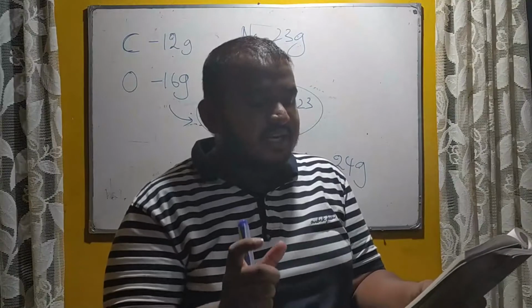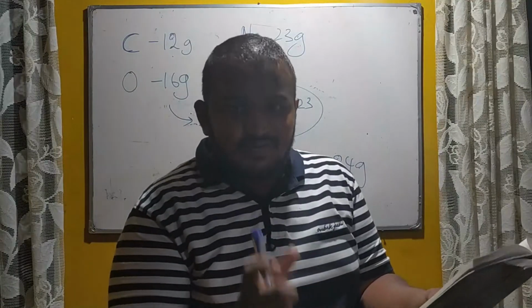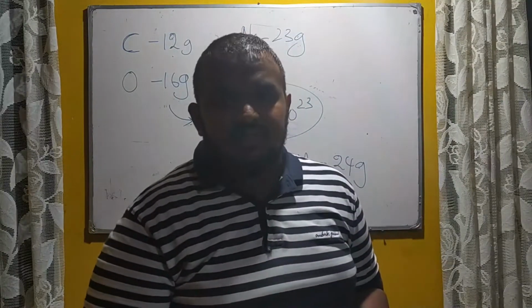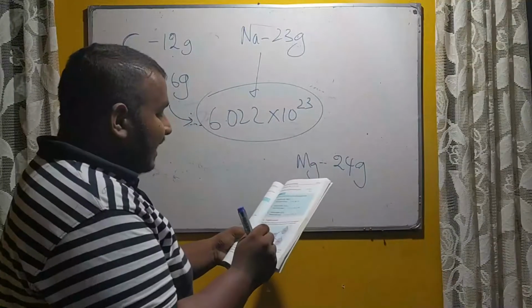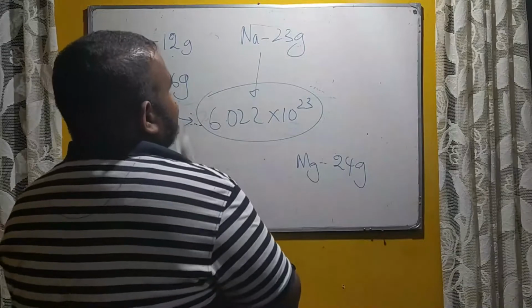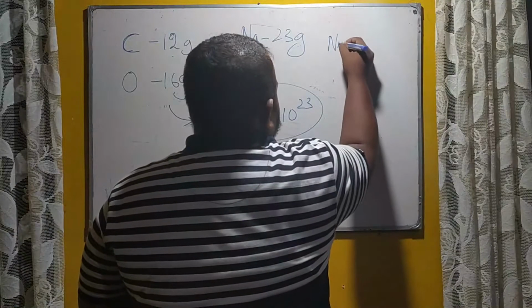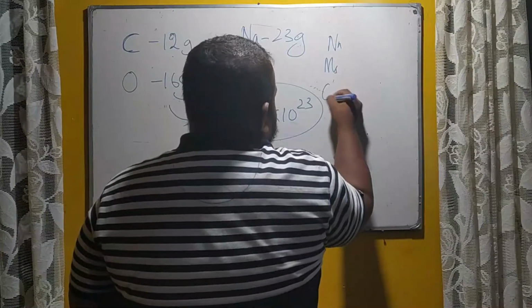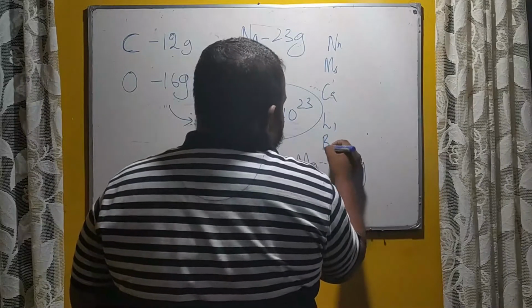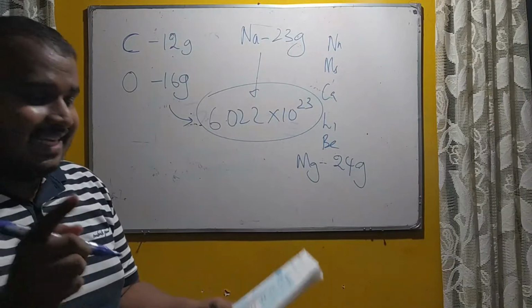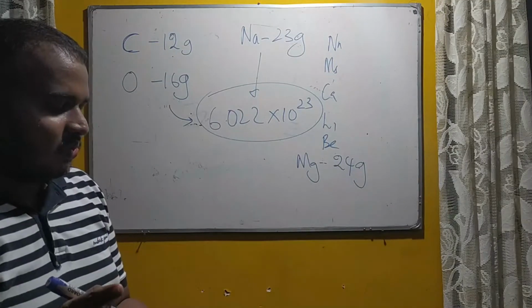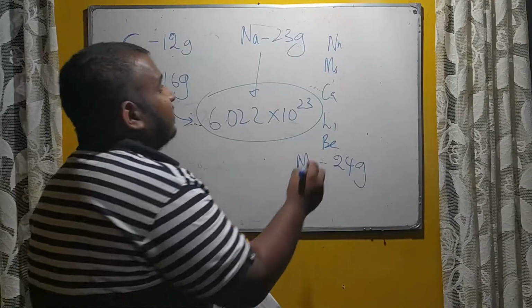That specific number, that constant value, is the Avogadro constant. Simply, when a mass of any element, it can be sodium, magnesium, calcium, lithium, beryllium, any element, equal to its relative atomic mass.